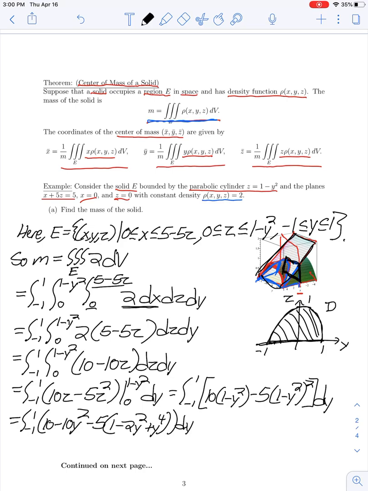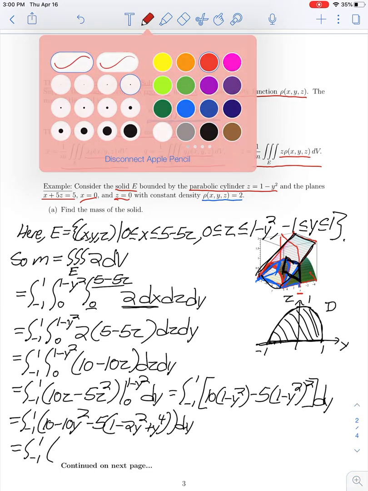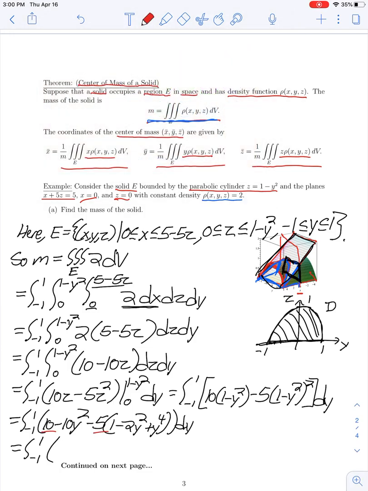So expanding and grouping like terms, let's see what we're left with. We have the integral from -1 to 1 of, grouping our constant terms, we had a 10 minus 5, so that leaves us a constant 5.